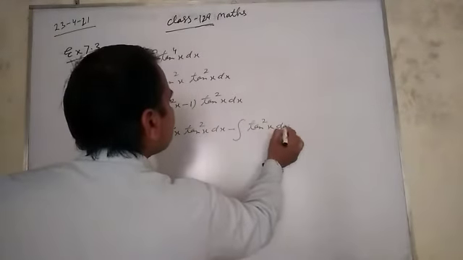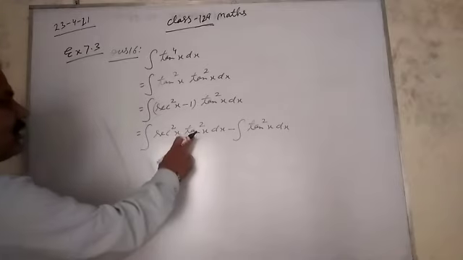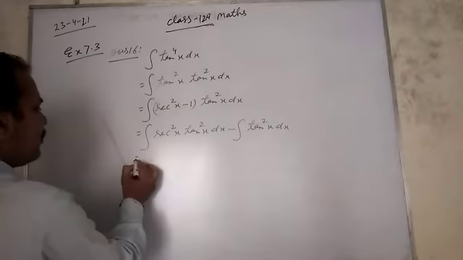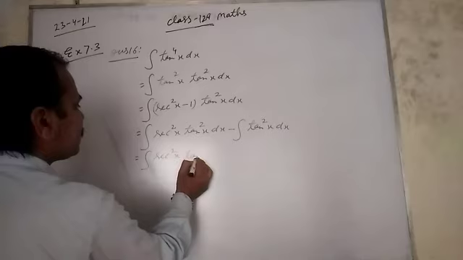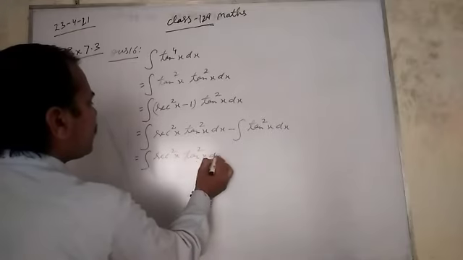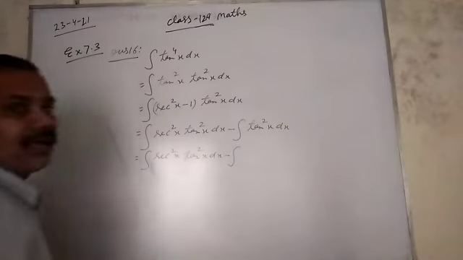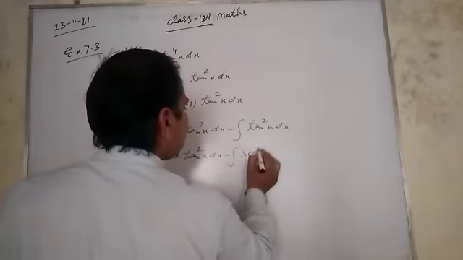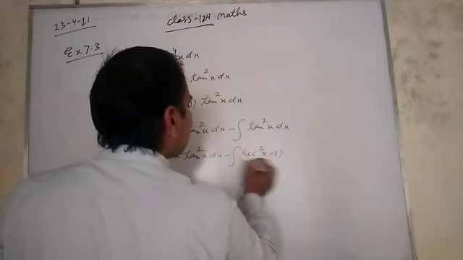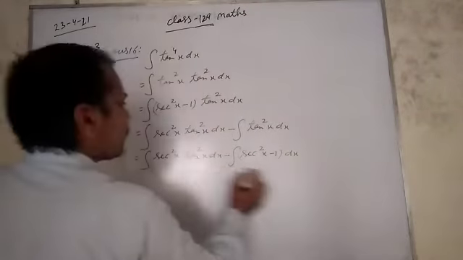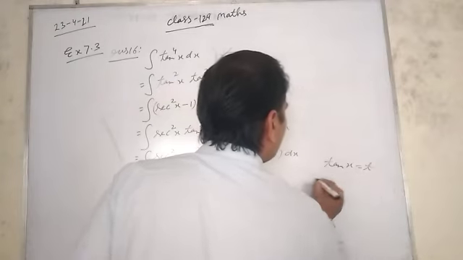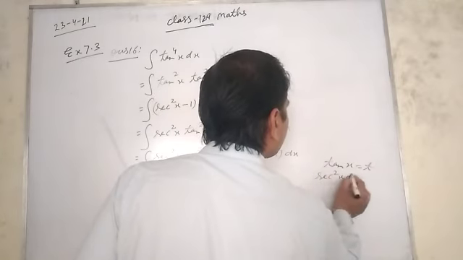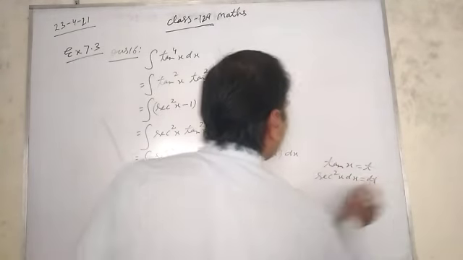So here, this sec square x tan square x dx minus, again, tan square x converted into sec square x minus 1 dx. Then suppose tan x is t. The differentiation of tan x, sec square x dx, is equal to dt.